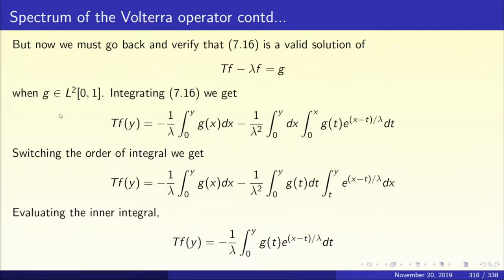Now what is the next obvious step to do? The next obvious step is to switch the order of integrals in the iterated integral that you see in the middle of the slide. You have done this numerous times in your bachelor's level courses, switching the order of integration in a multiple integral. And so what do you get? You carry that out. Tf of y equal to minus 1 upon lambda integral 0 to y g(x) dx minus 1 upon lambda squared integral 0 to y, first integrate with respect to x and then later integrate with respect to t.